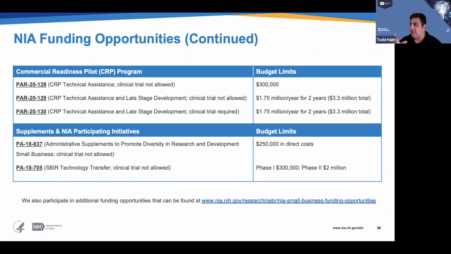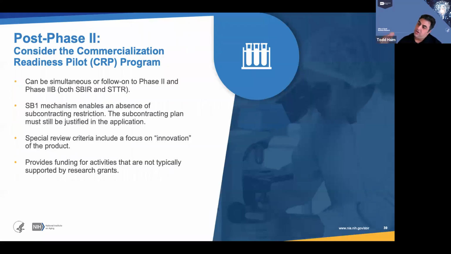That can be up to about $3.3 million total over a 2-year period. And again, you can apply for that anytime after you've been awarded your phase 2, including after you finished your phase 2. And then there are a couple of other opportunities listed here, including diversity supplements.